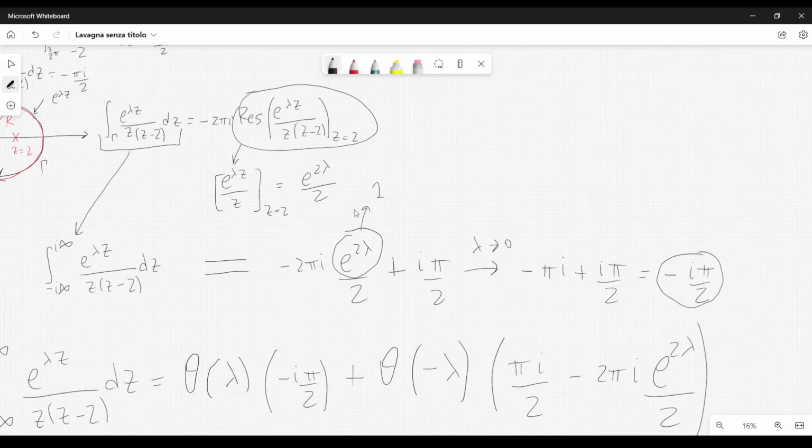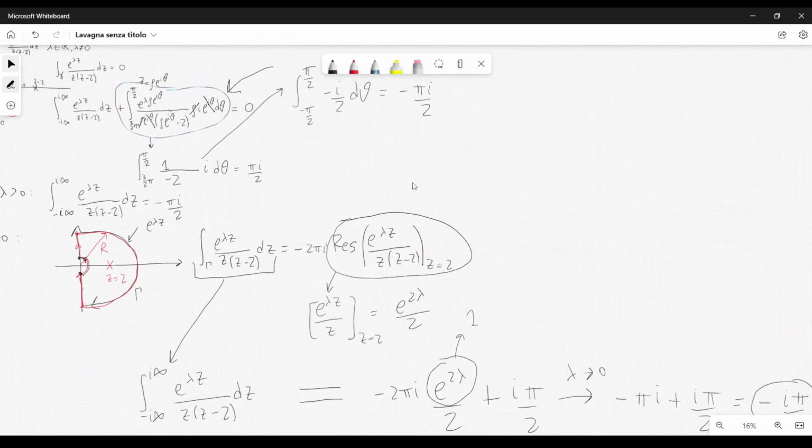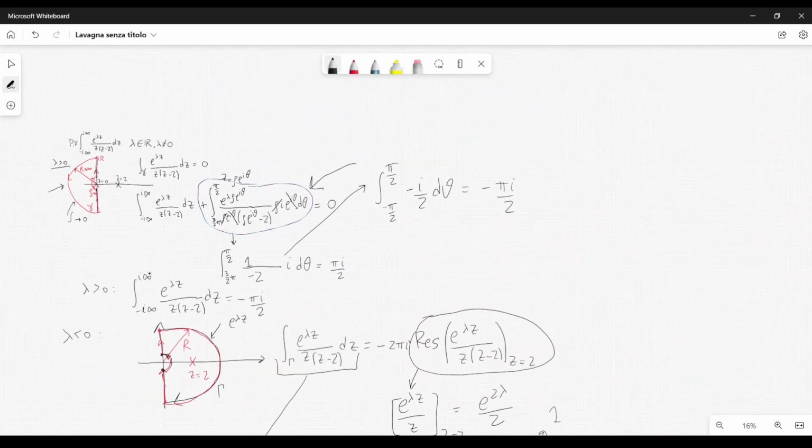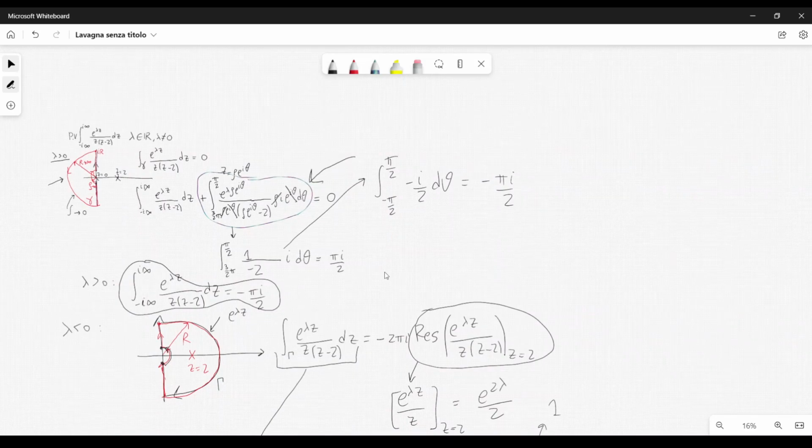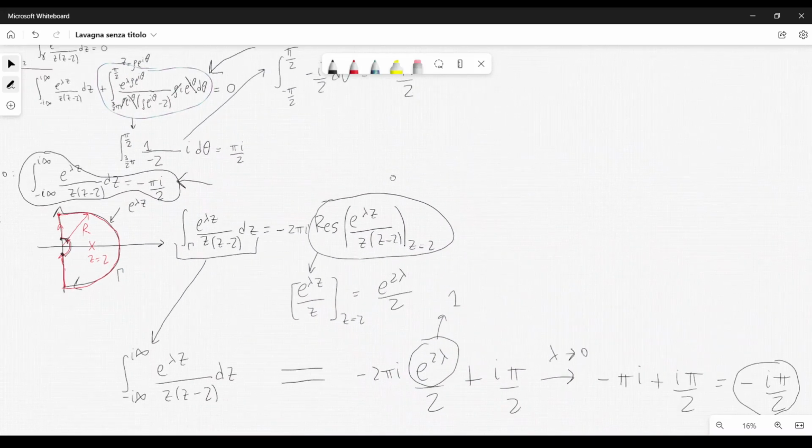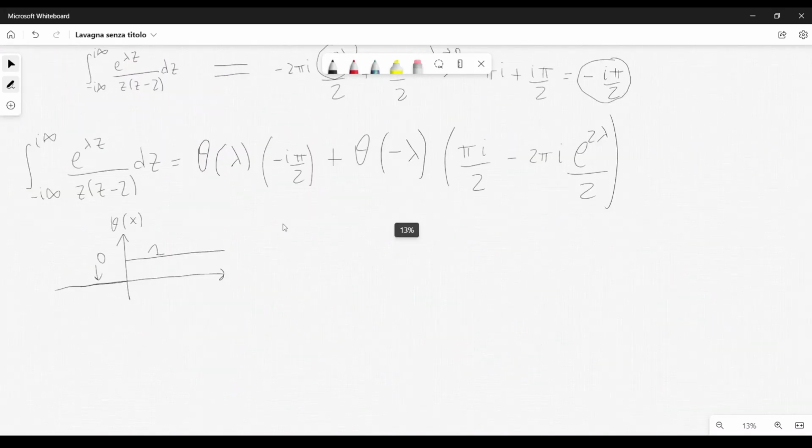And lo and behold, if you compare this with the other case, where lambda is positive, you get exactly the same result, which is minus pi i over 2. And you also get this result if lambda is positive and we let lambda go to 0 from the right, which means that the integral from minus i infinity to i infinity of dz divided by z times (z minus 2) is equal to minus i pi over 2.